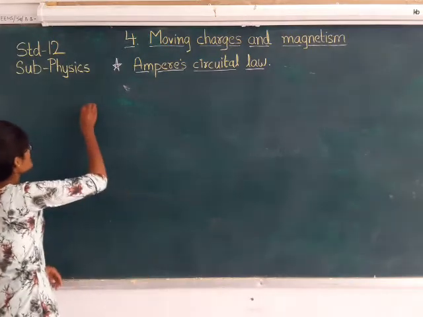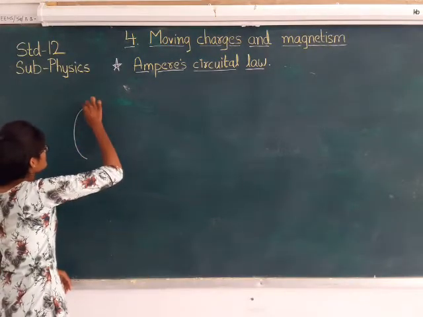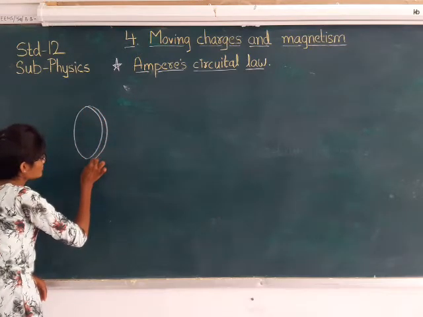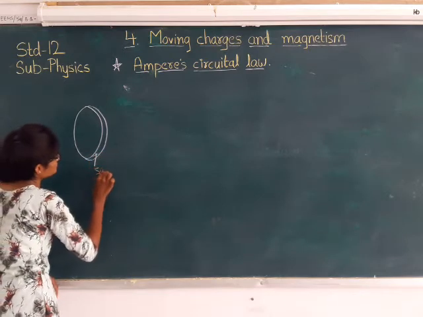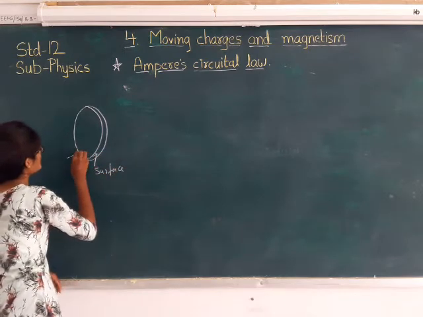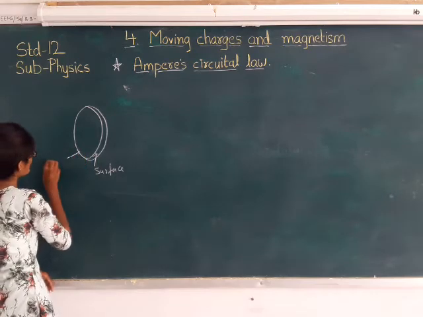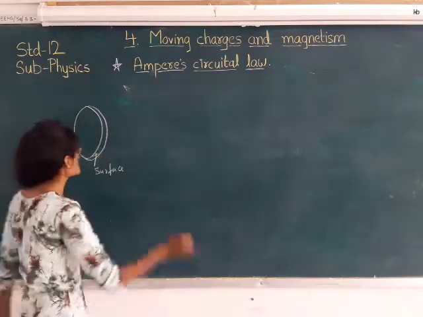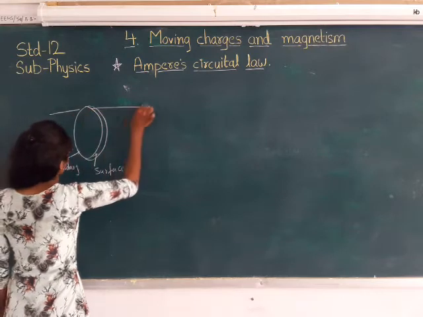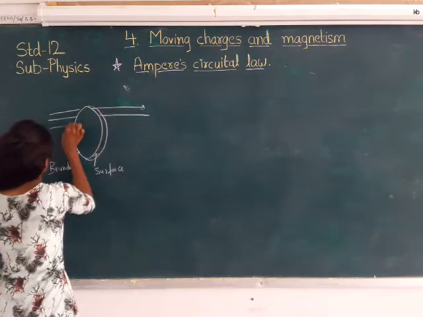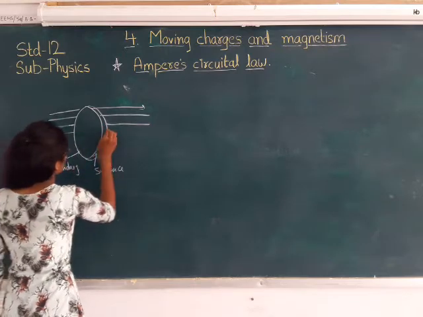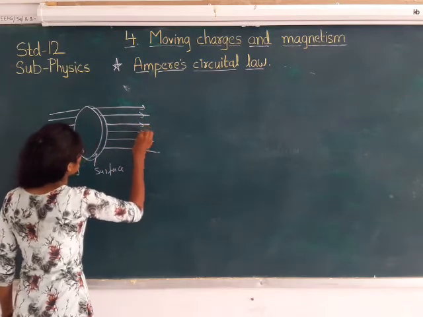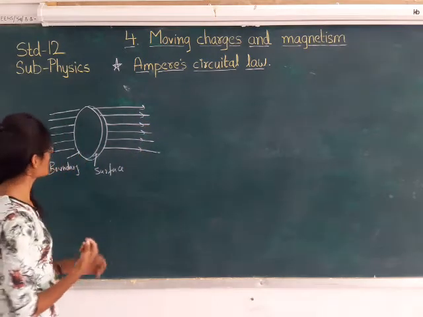Now let us consider a surface, and let this be the boundary of the surface. The current is passing through the surface. Okay.